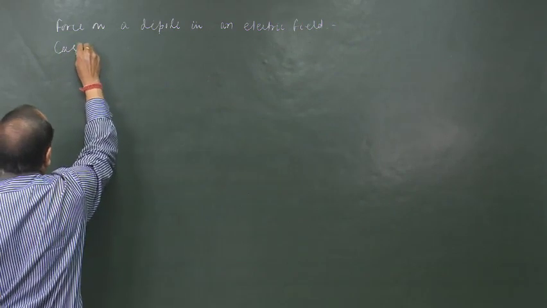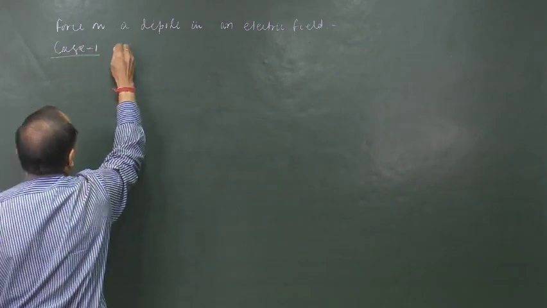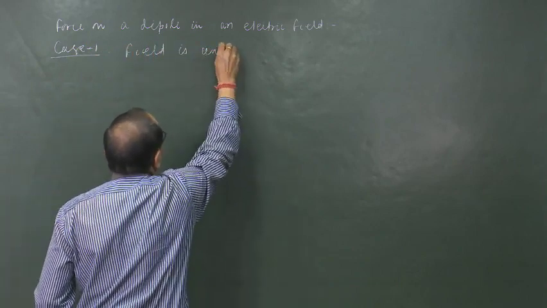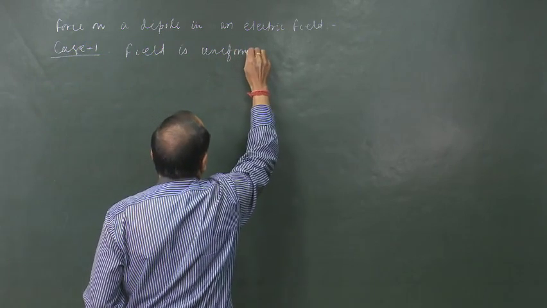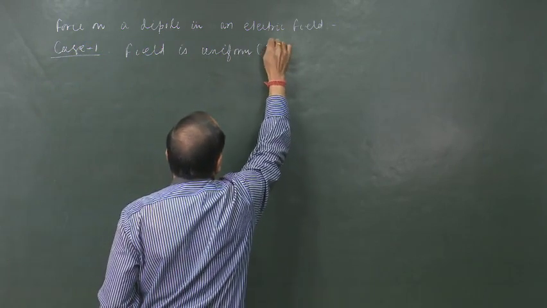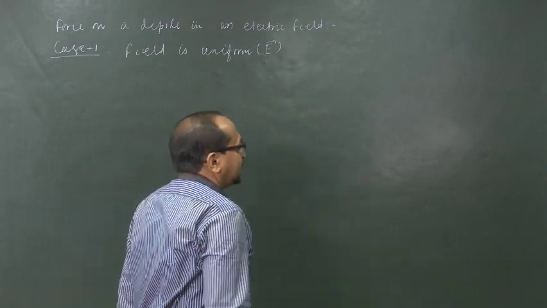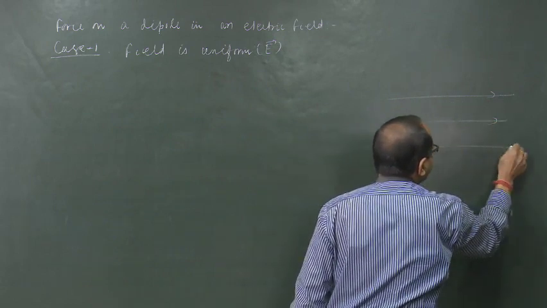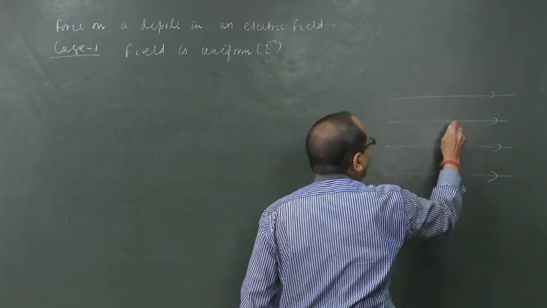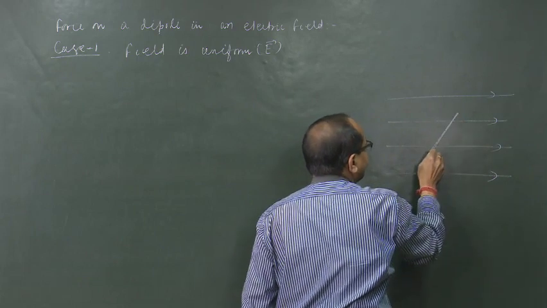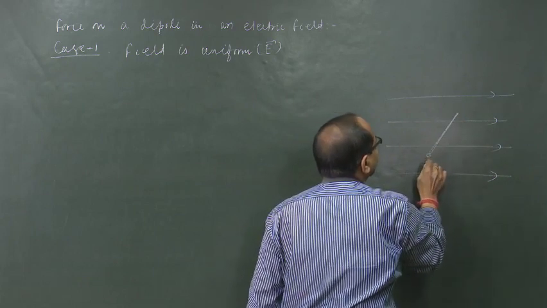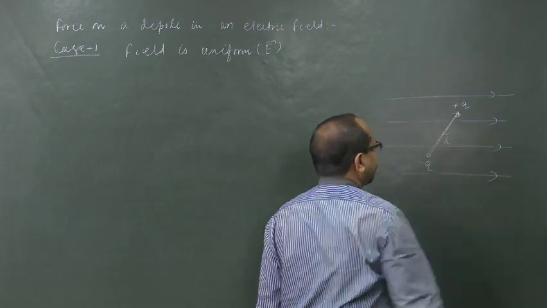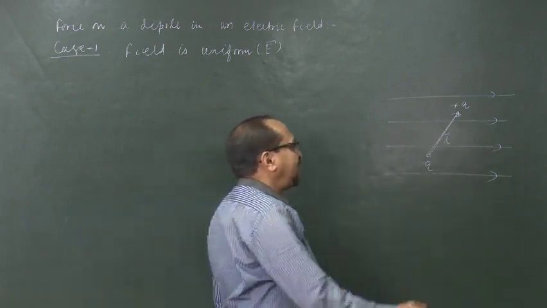Case 1, field is uniform, say capital E. So, this is a uniform electric field existing in a region, and now we place a dipole here that consists of charge minus q and plus q separated by vector L, and the field is E.